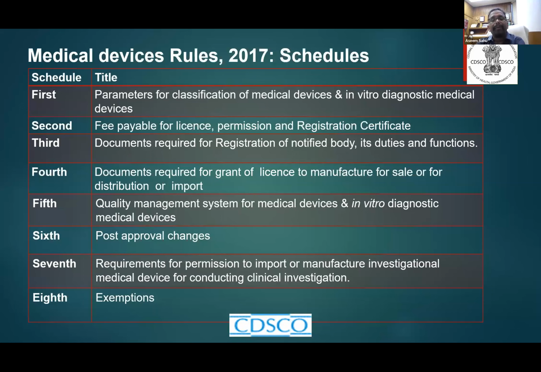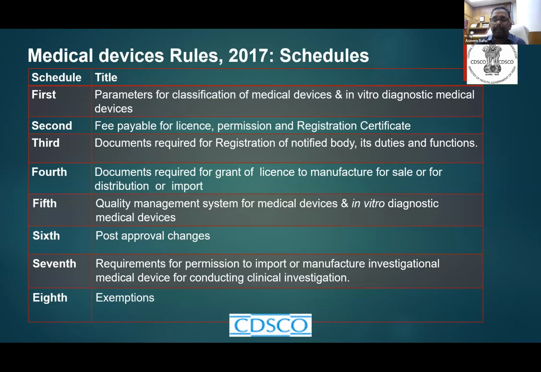That we have clearly defined. For the major ones, approval is necessary. That provision has been made, so that the applicant has a clear idea which changes they need to notify and which changes they need to take permission for from the licensing authority. The seventh schedule gives the requirements for grant of the import or manufacturing license of investigational medical devices or new in vitro diagnostic medical devices.